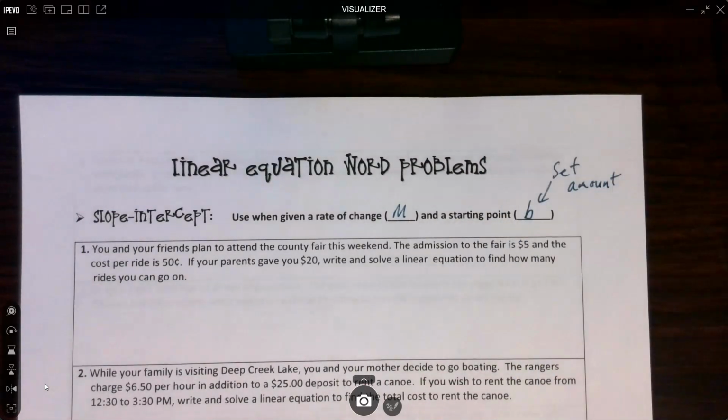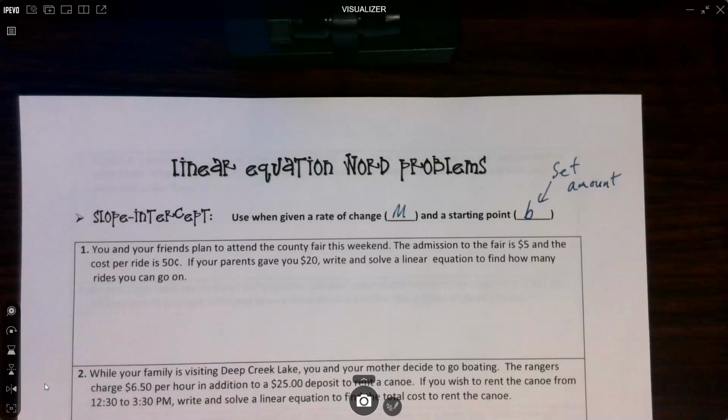Or starting thing. So if you, for instance, had a plumber having to come over and fix your sink, as soon as that plumber walks into your house, you will have to pay him or her a certain amount just to walk in your door. So they may charge you a house call of $60.